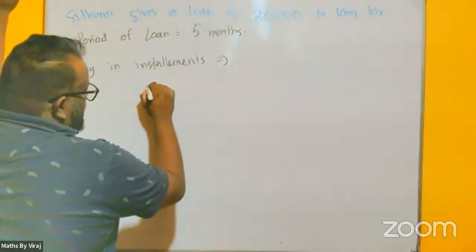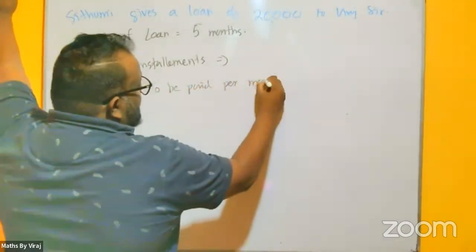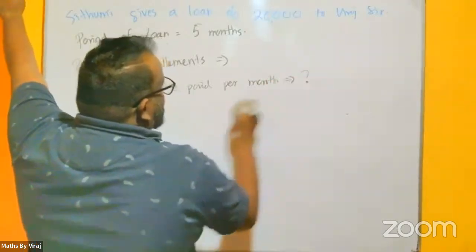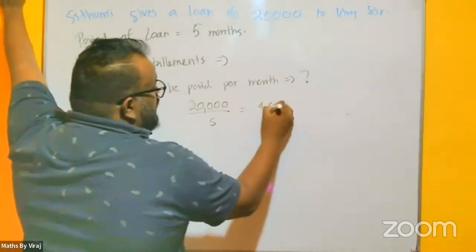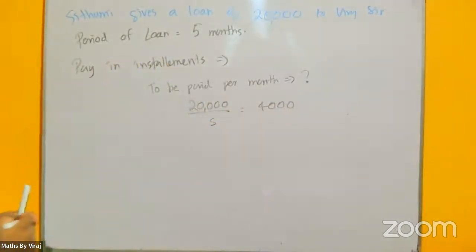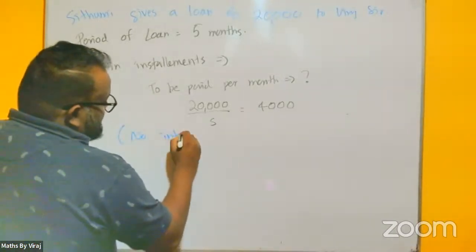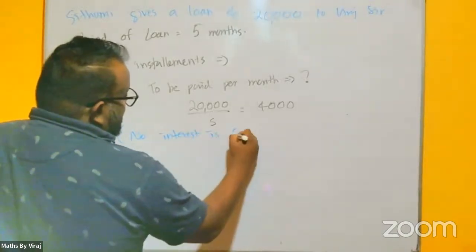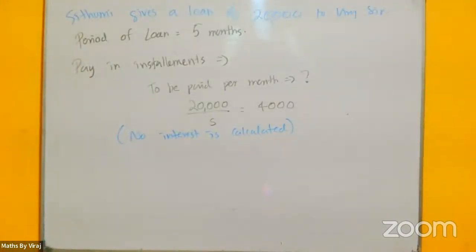Therefore, how much should be paid per month? 20,000 is divided by 5, 4,000. Remember that here in this calculation, no interest is calculated. So she lends me a loan of 20,000 to be repaid in installments over 5 months.